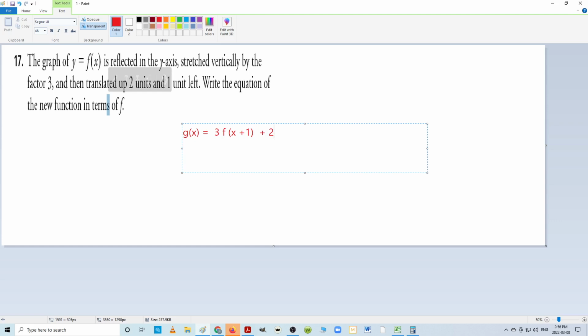Stretch vertically, yep. Oh, it's reflected in the y-axis, which means there's also a minus here. Stretch by factor 3, translated 2 units up, and 1 to the left. There we go. So that would be it.